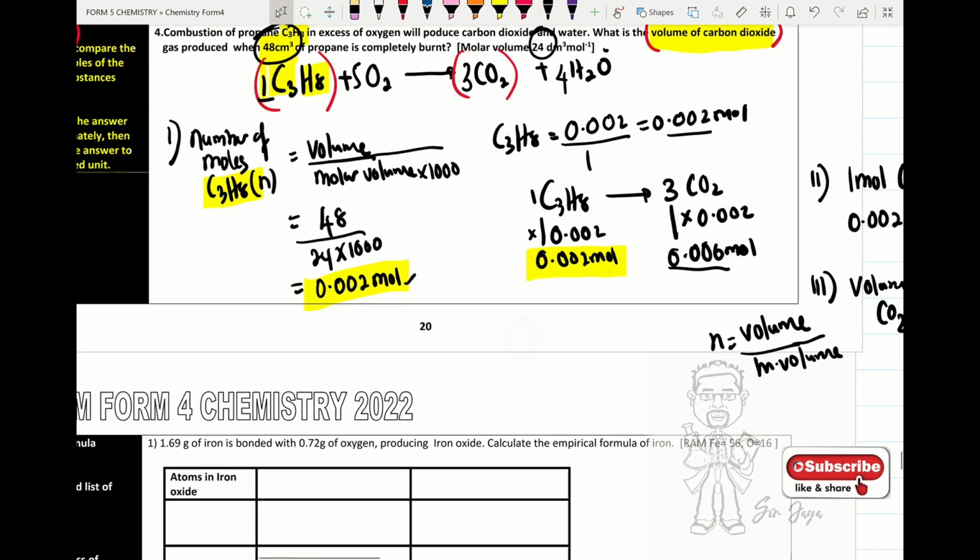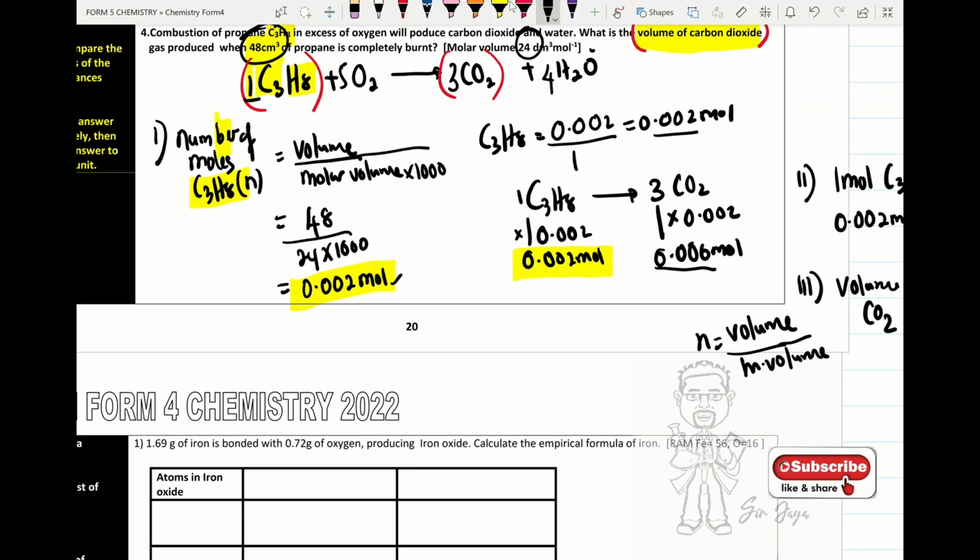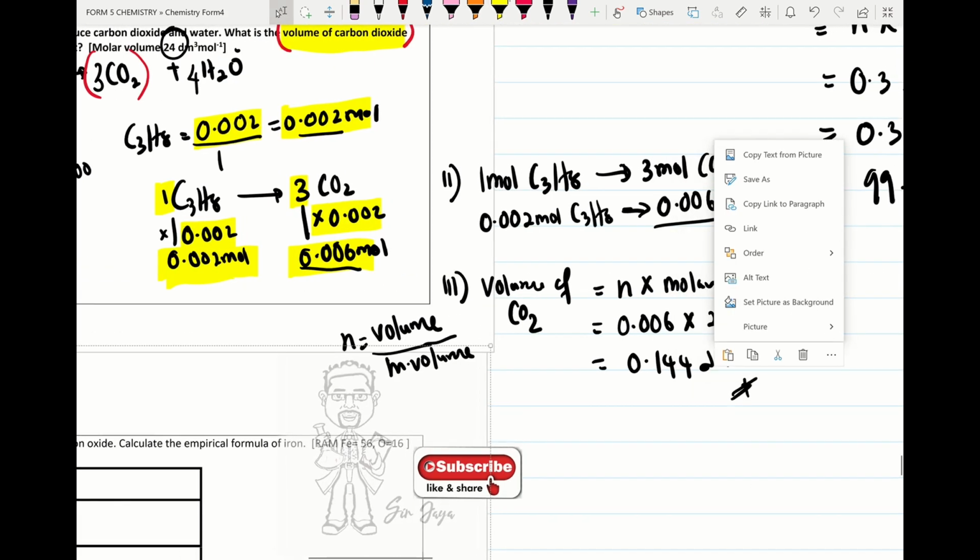So all the steps I go through again. First, we have to find the number of mole of propane. So we take the 0.002, we divide with the number of mole of propane from the equation, which is 1. So we get this. How to find the ratio? This is 1 times 0.002, so we will get 0.002. 3 times 0.002, we will get 0.006. And convert this into word form.